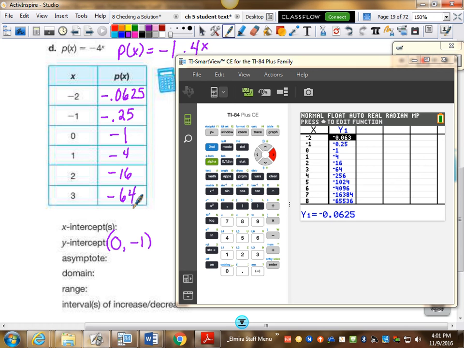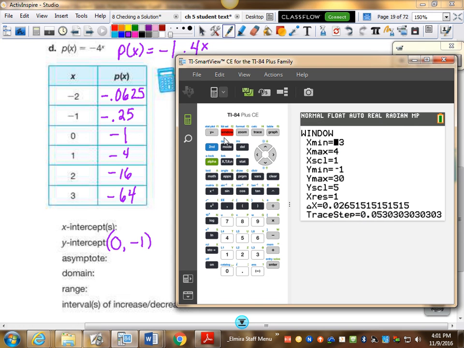Setting up our window. I'm going to keep my same x minimum and x maximum because the x column didn't change from the other problem. But this time, I have all negative numbers. So I have to rethink through what my minimum and maximum would be. My minimum, okay, my lowest value is -64.